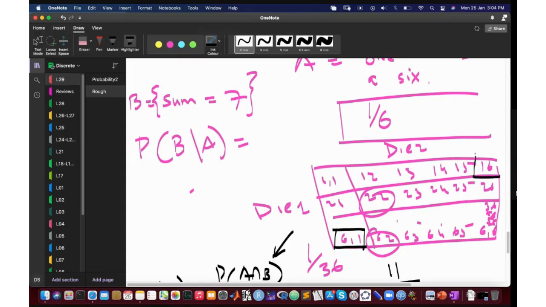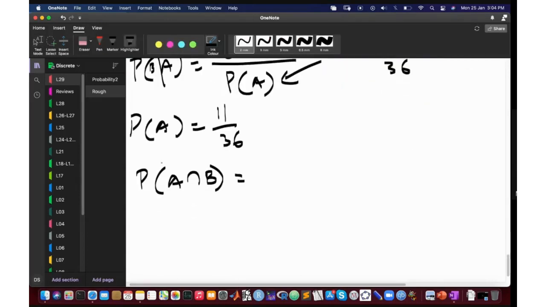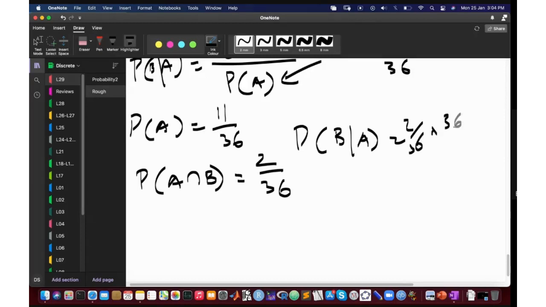So the probability of A intersection B is 2 over 36. Great, so we are done now. The probability of B given A is 2 by 36 times 36 by 11, which is 2 by 11. It's slightly more than 1 over 6.